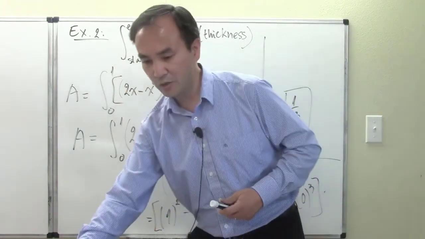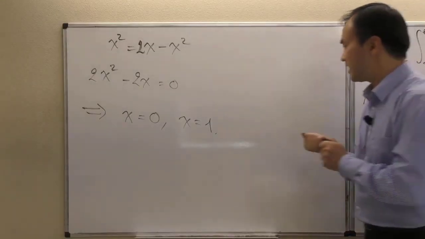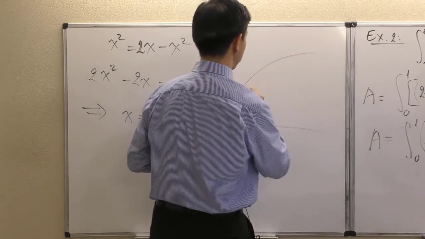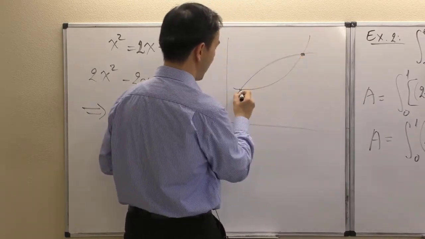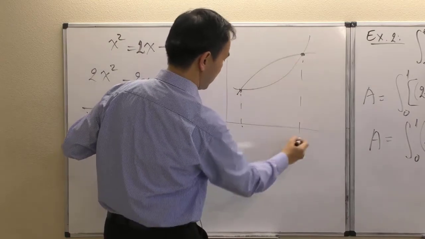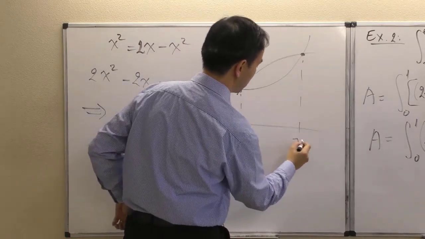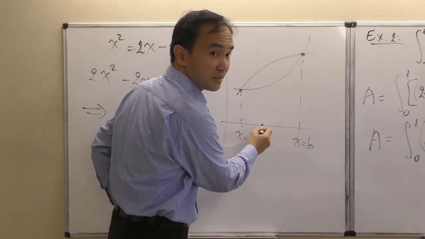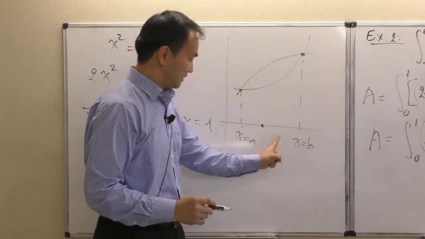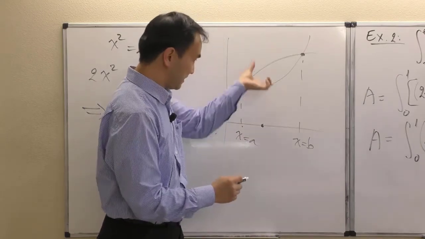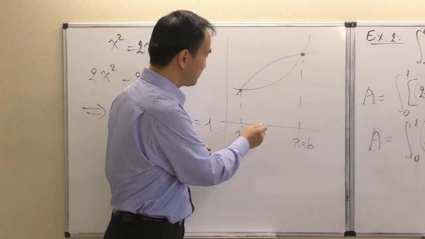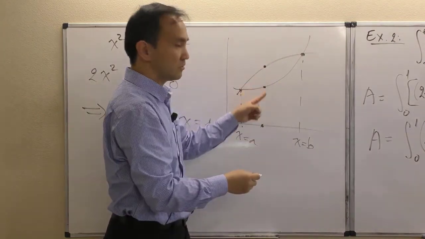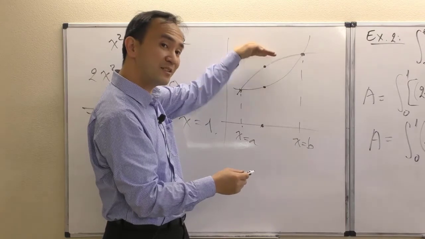Here is a little tip: for graphs that look like that, after we have found the start and the end, we can simply pick a value somewhere inside that interval window, substitute it into one curve and into the other curve, and decide who's the upper curve and who's the lower curve.